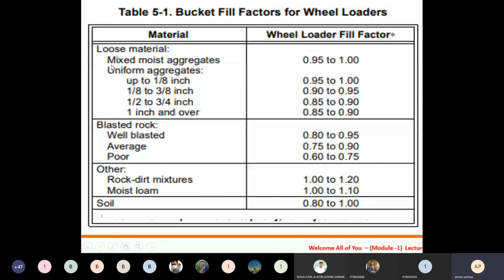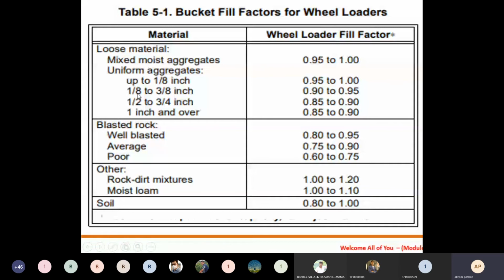Particularly this machine is used for the lifting purpose and a small excavation purpose. So the mechanical engineer thinks about those applications and they maintain the load factor 0.95 to 1. So uniform aggregate up to 1 by 8 inches, the load factor is 0.95 to 1.